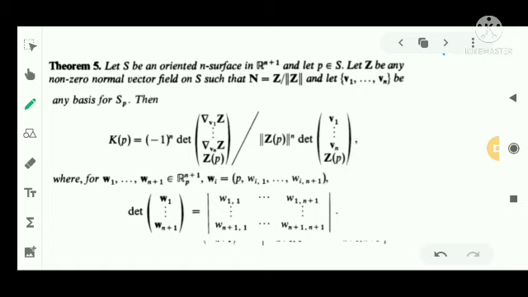Then the Gauss-Kronecker curvature K(P) equals (-1)^n times the determinant of (del_v1 Z, del_v2 Z, ..., del_vn Z, Z(p)) all divided by ||Z(p)||^n times the determinant of (v1, v2, ..., vn, Z(p)). And that is the determinant form.